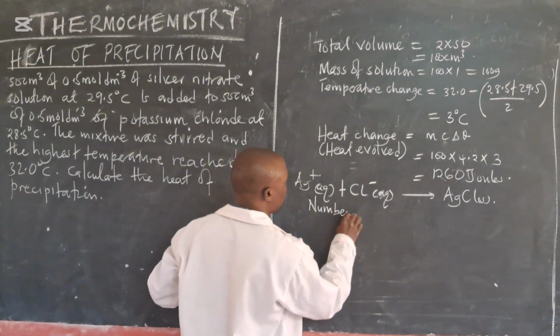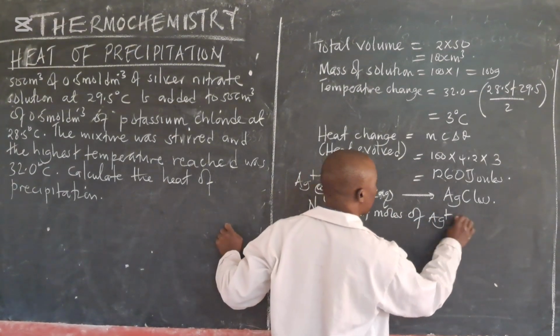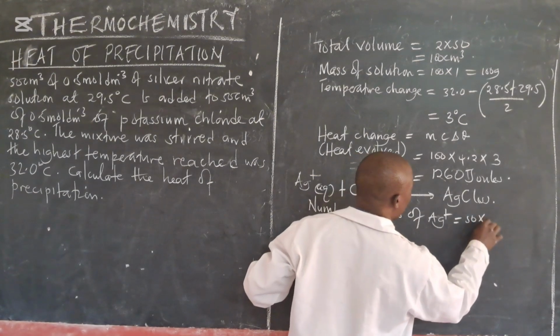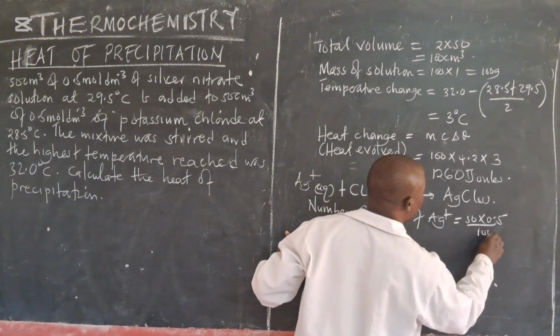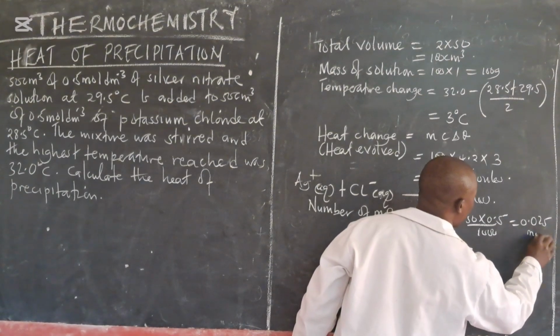So number of moles of silver ions is going to be 50 times 0.5 out of 1000, which is 0.025 moles.